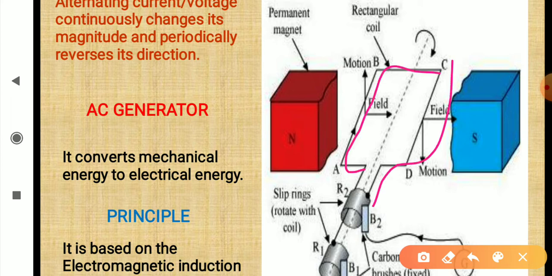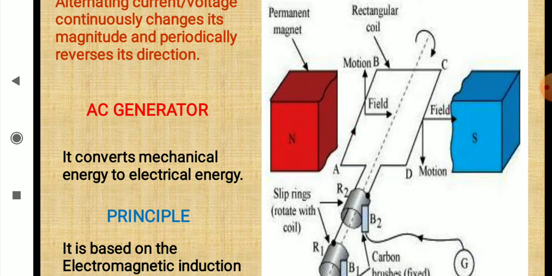So this AC generator consists of a coil. You can see here we have a coil made up of insulated copper wire, and it is wound over a soft iron core. Here a soft iron block or cylinder is placed, and the windings are made over this soft iron core.